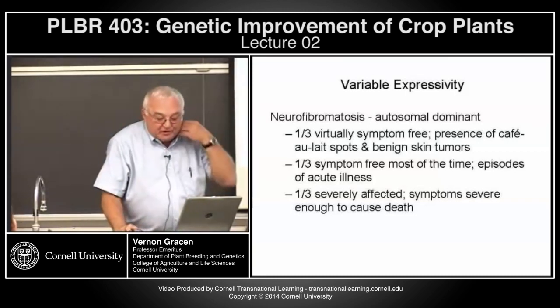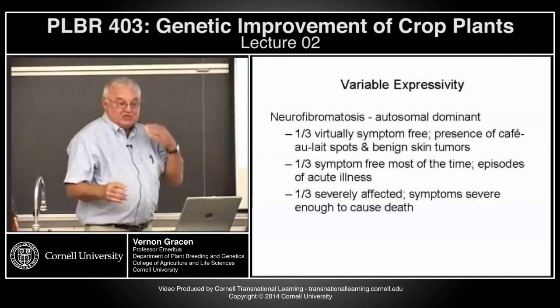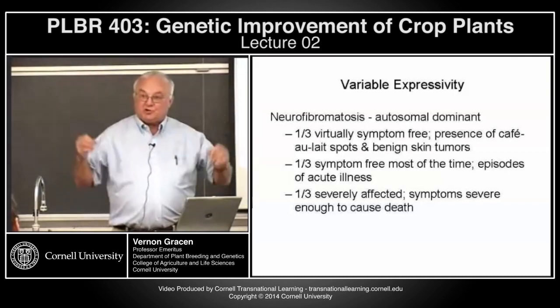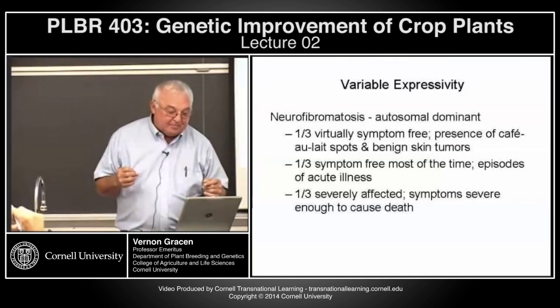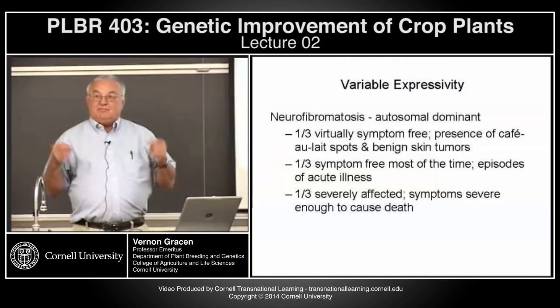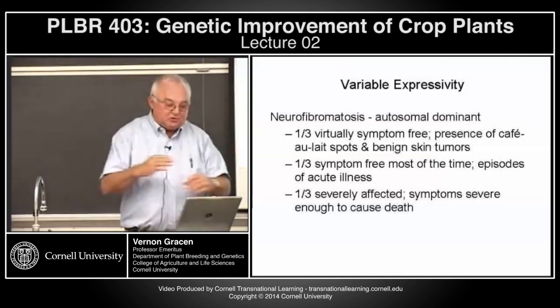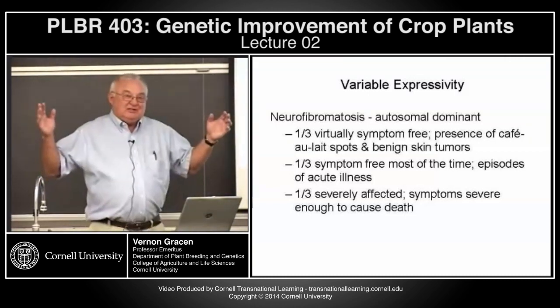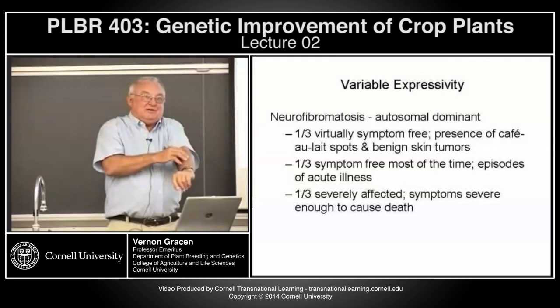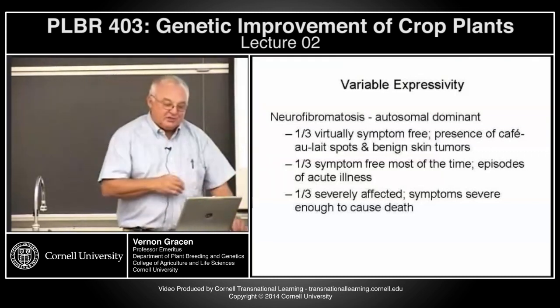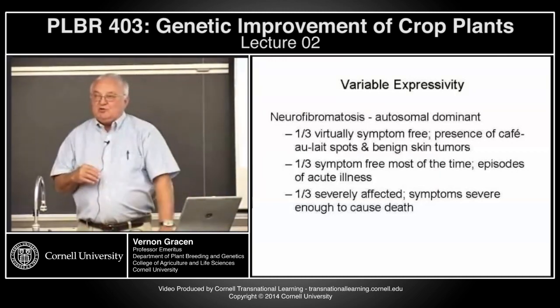This is an autosomal dominant gene in humans that impacts our neural system, as you might tell from the name. Basically, a third of the individual humans that carry this gene don't show any symptoms. Sometimes they show little café au lait spots, and they have benign skin tumors.